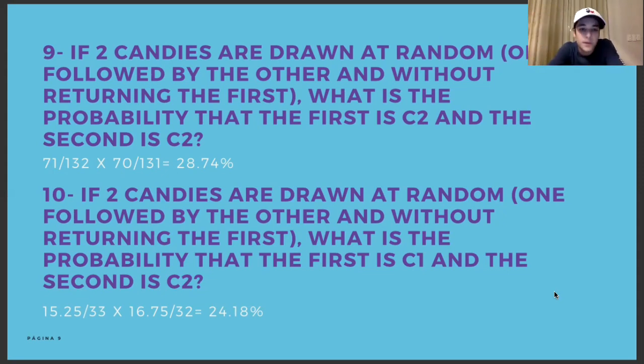So what we have is a smaller percentage, because first we have less in the numerator, and then it's multiplied by the second one, which is added. Then we have 33, and next is going to be reduced to 32, also multiplied, and we have the answer of 24.18% out of 100, and this will be it.